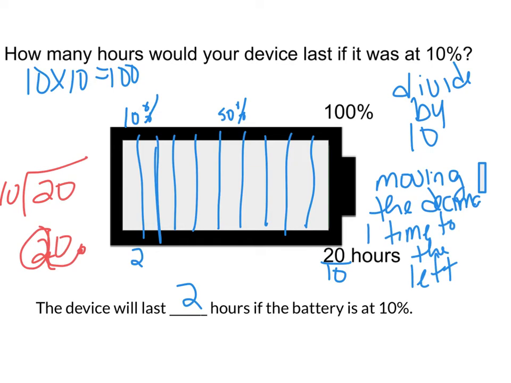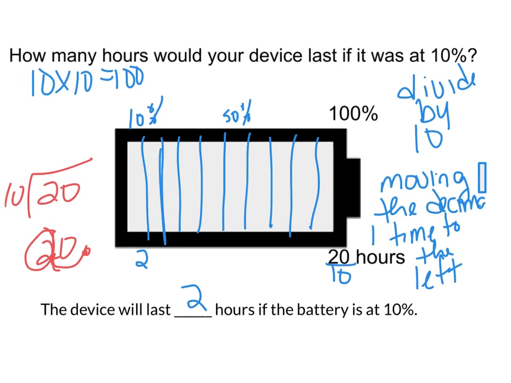So whenever we're looking at doing 10% and we want to look for 40%, what I could do is, since 10% is 2 hours, I could go ahead and do 2 times 4, which gives me 8, because 10 times 4 will give me 40%.